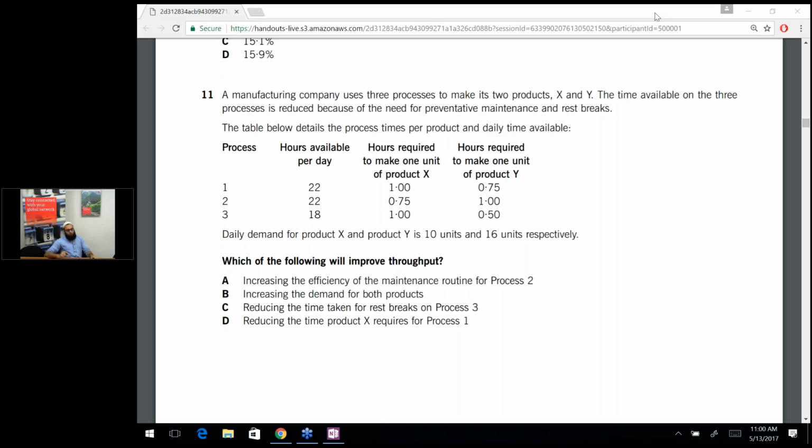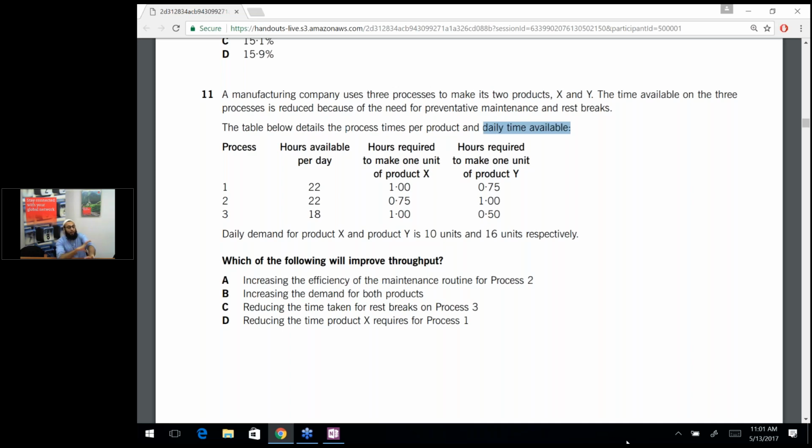A manufacturing company uses 3 processes to make its 2 products, X and Y. The time available on the 3 processes is reduced because of the need for preventative maintenance and rest breaks. The table below details the process time per product and daily time available. Now we are not sure which is the limiting factor.